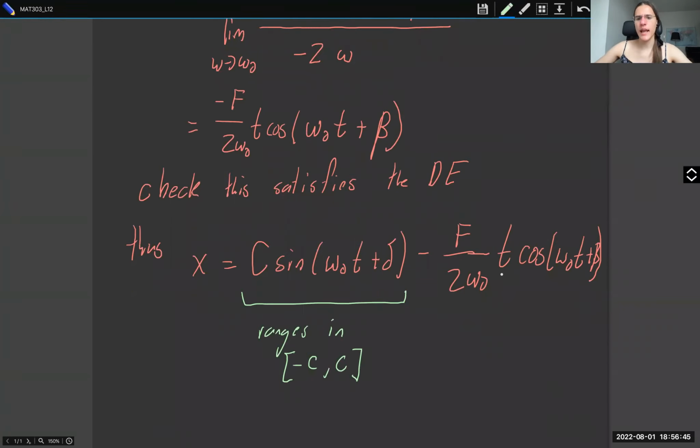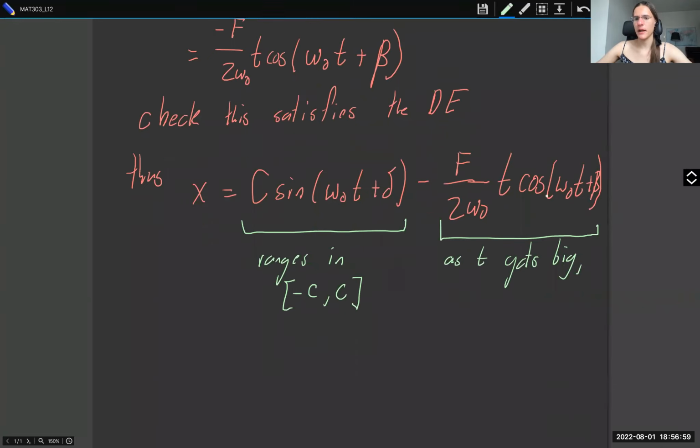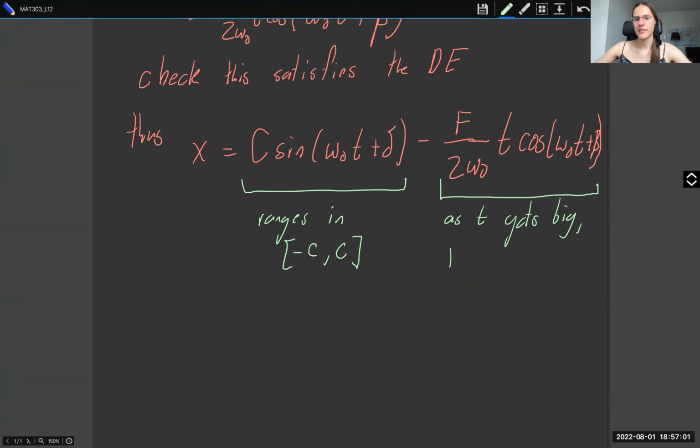But for this term, we have this t factor. So what happens is as t gets big, when the cosine is close to 1, this term also gets big.